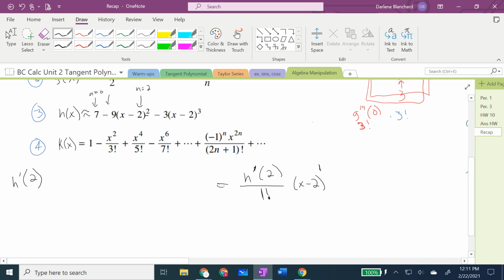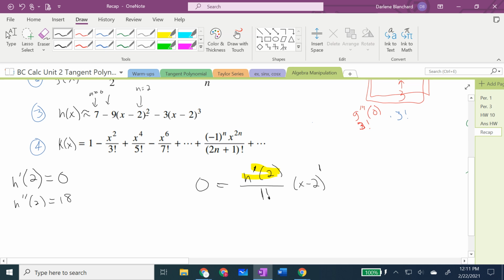If that's equal to 0, that's only because the first derivative is equal to 0. So if a term is missing, you know that that order derivative at the center is 0. So h prime of 2 is 0, and h double prime of 2 we got as negative 18.